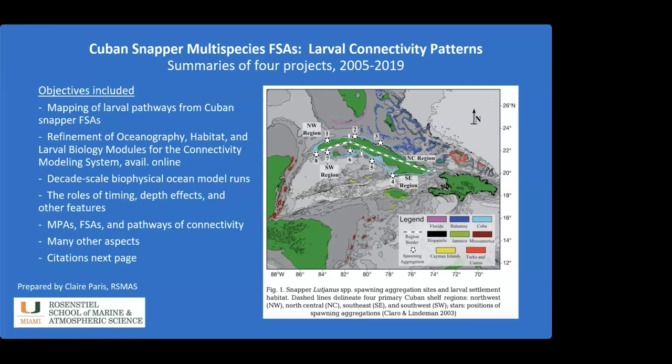Decade scale biophysical ocean model runs, examining factors including timing, depth effects, and other features. MPAs, FSAs, and pathways of connectivity were examined in later papers, as well as many other aspects of biophysical connectivity among these FSAs and neighboring countries.